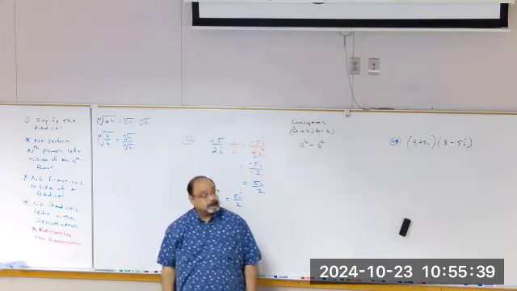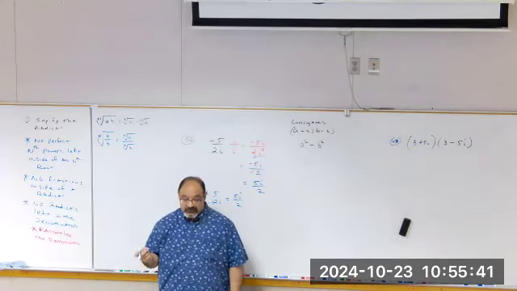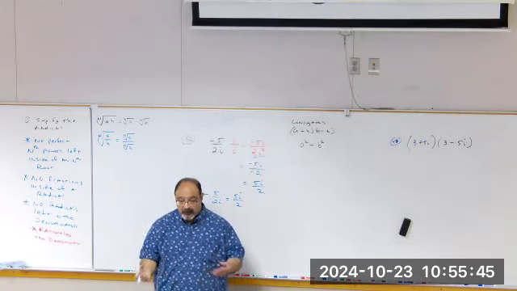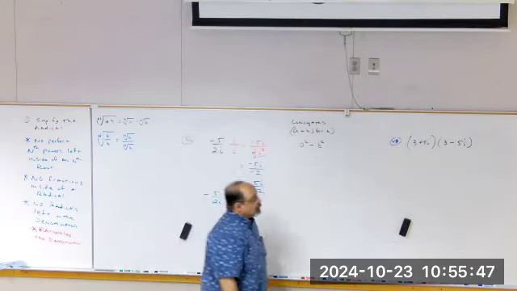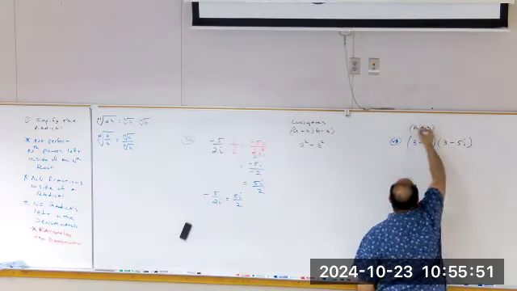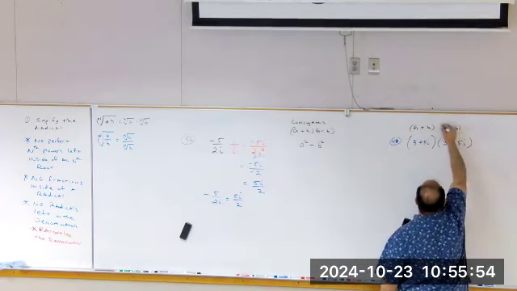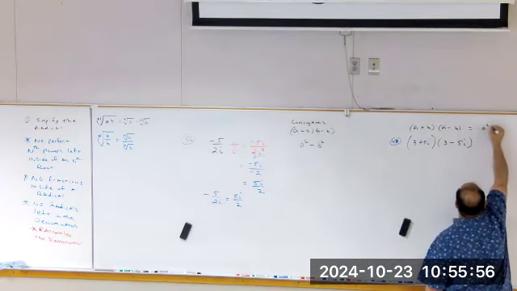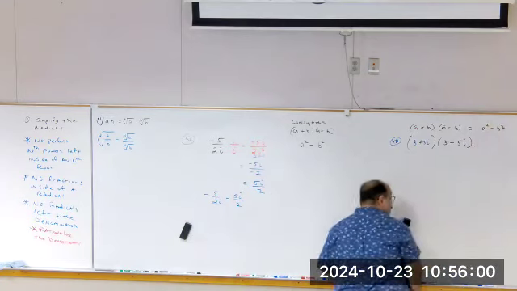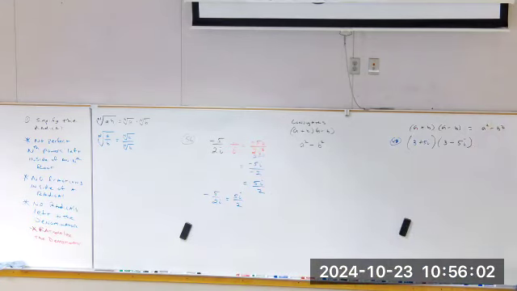That's the conjugate. Now, since they are exactly the same but opposite sign, when I multiply this together, I'm going to get a squared minus b squared. You have to be really careful about this.